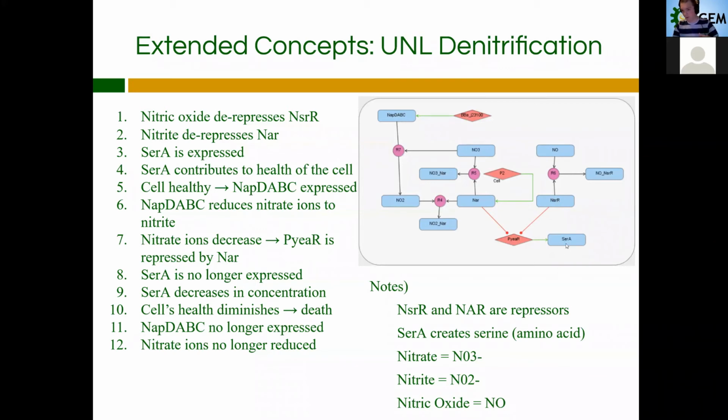The amino acid starts being produced within the cell, and this in turn causes the cell to become healthy and start growing and duplicating. Once cells reach sufficient health, then napDABC, which is just an operon, starts coding for an enzyme that degrades nitrate into nitrite.